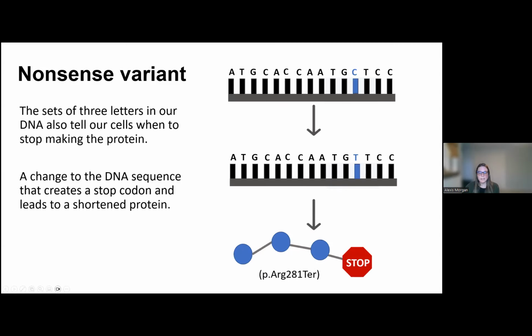So a nonsense variant is a single change to the DNA sequence, and that single change changes the protein to a stop. So it affects the protein and it shortens the length of the protein.